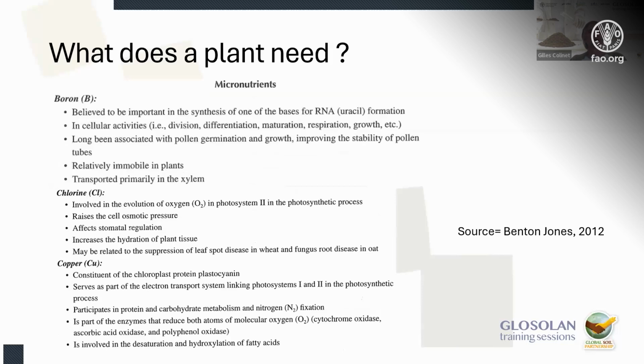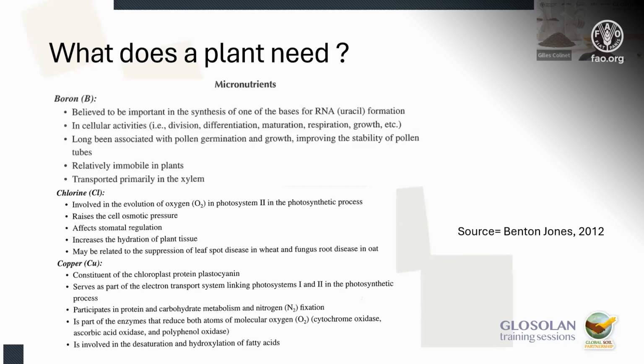Then you have the micronutrients. I will go a little bit fast there. The ones I consider are boron, chlorine, copper, zinc, iron, and manganese. Usually they are involved in the exchanges of elements and in the activation of the photosynthetic processes.